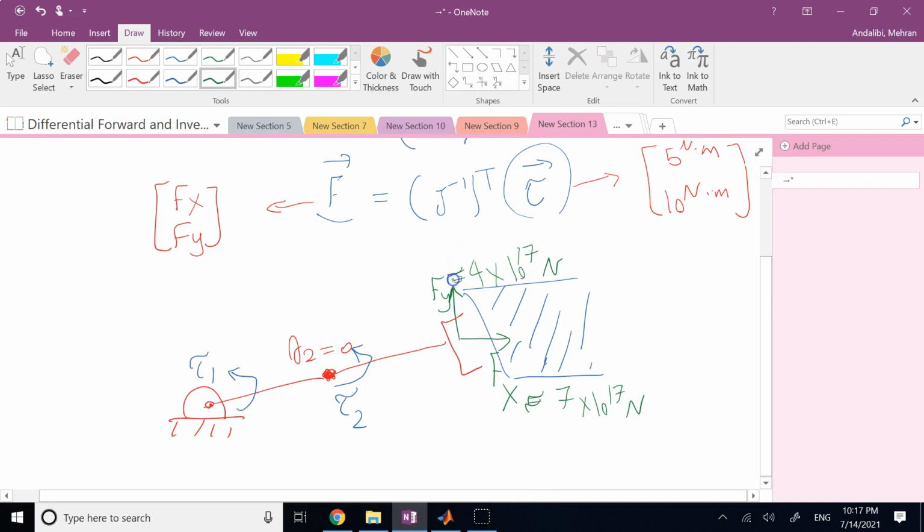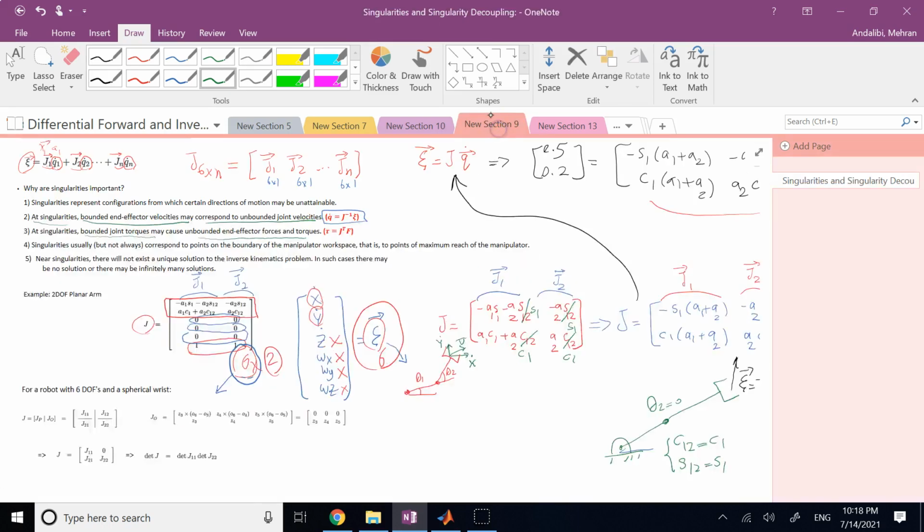So bounded, small torques led to unbounded, practically infinite forces applied on the end effector. If this end effector comes into contact with any object, it can easily break it. So you see I cannot solve my inverse problem. In this case, we have infinite forces at the end effector, which is not desirable.